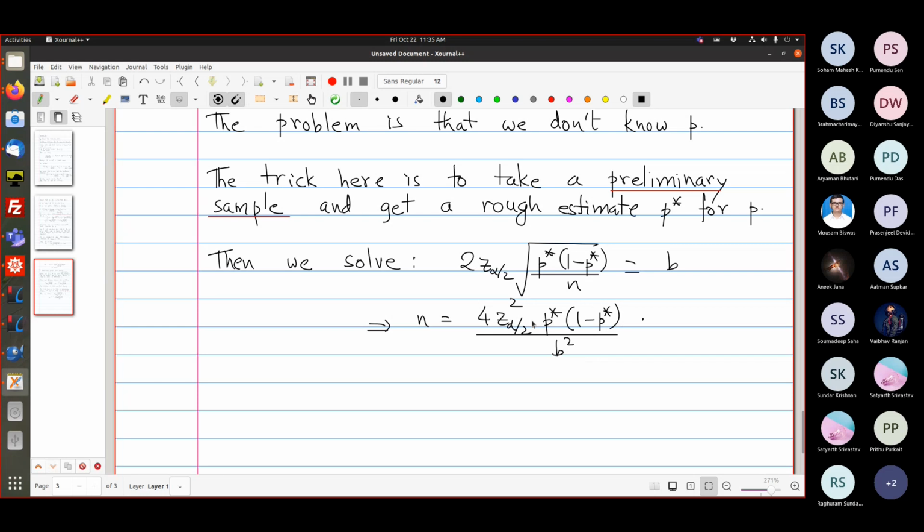Right? So this gives you some numerical value to sample.